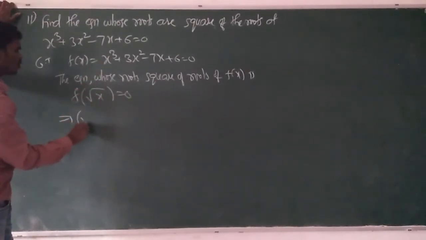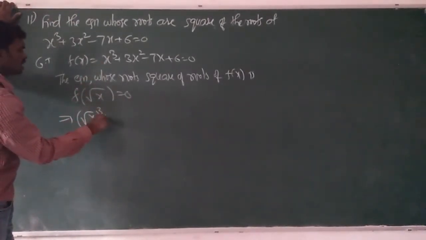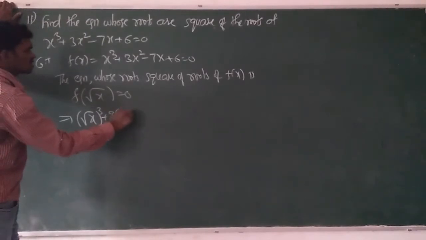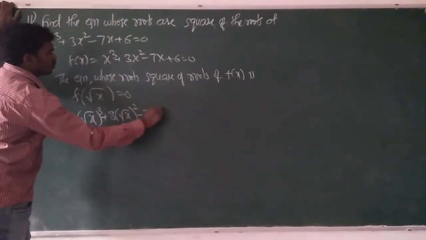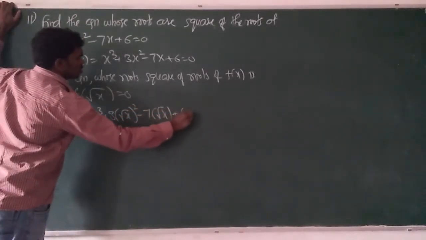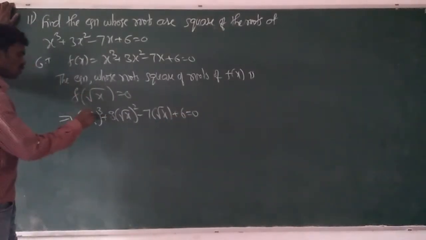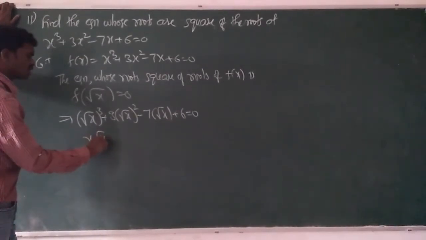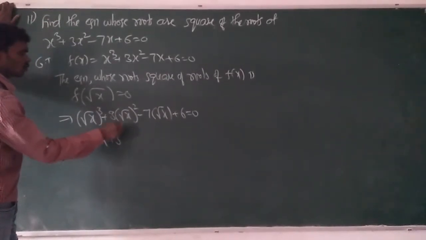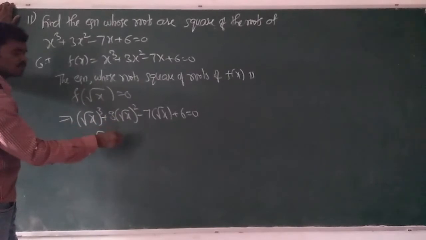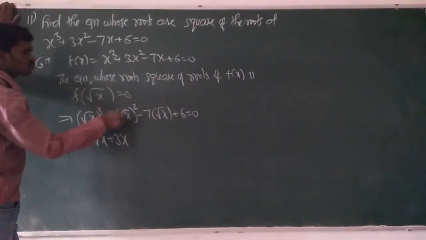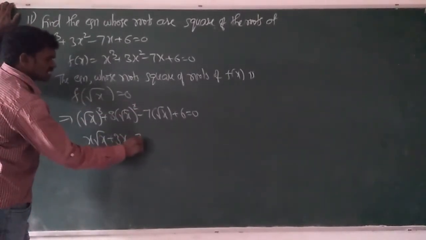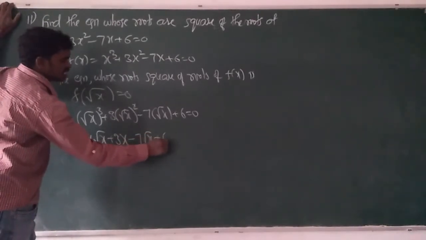We get root x cube plus 3 into root x square minus 7 into root x plus 6 is equal to 0. See here, root x cube means root x into x, so it becomes x root x. And plus 3 into root x square means root x into root x becomes x only, since the square and root cancel. Minus 7 root x plus 6 is equal to 0.